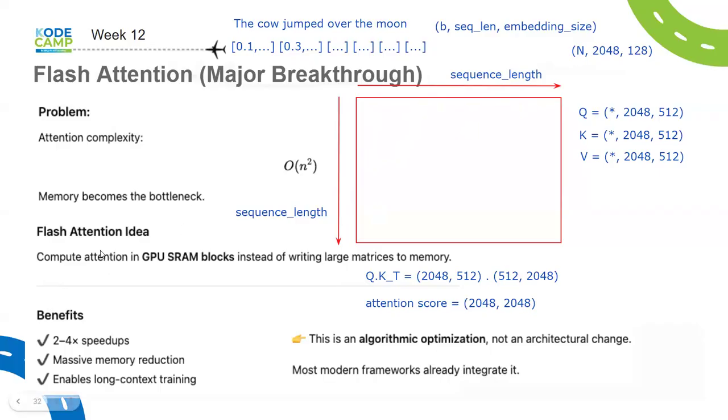Okay. So the flash attention idea is where, instead of trying to do this attention all in a single block at a single go, you take the attention and you calculate it in smaller subsections.